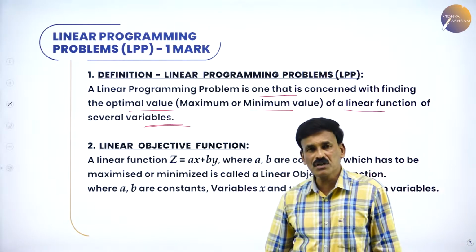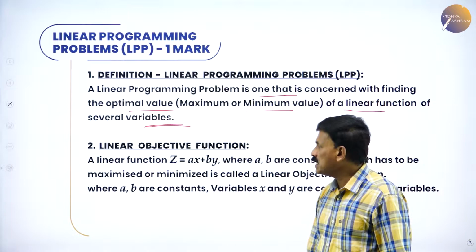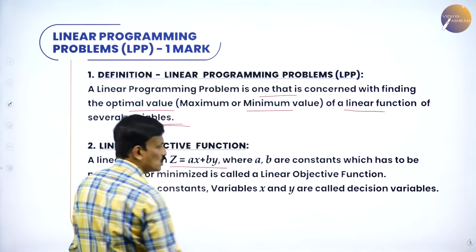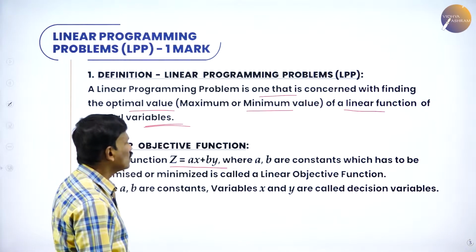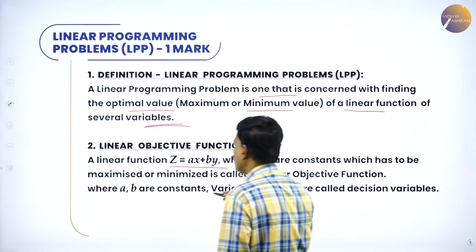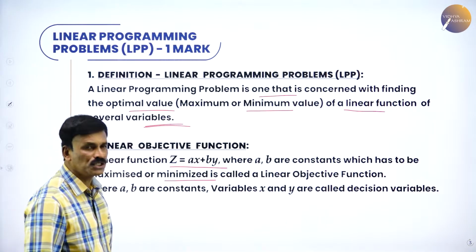Now, let us know the next definition, linear objective function. A function of the form z is equal to ax plus by, where a and b are constants, which has to be maximized or minimized, is called a linear objective function.